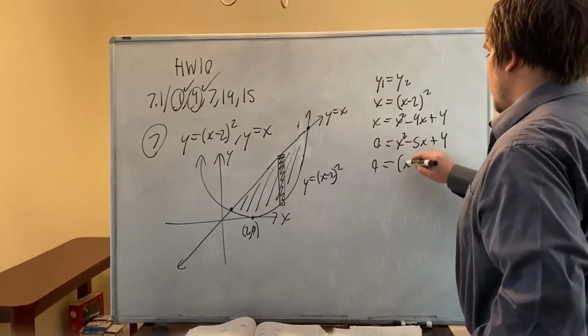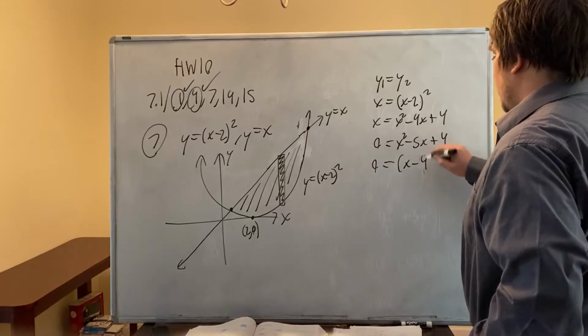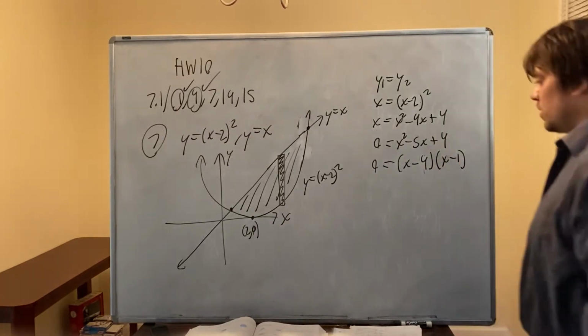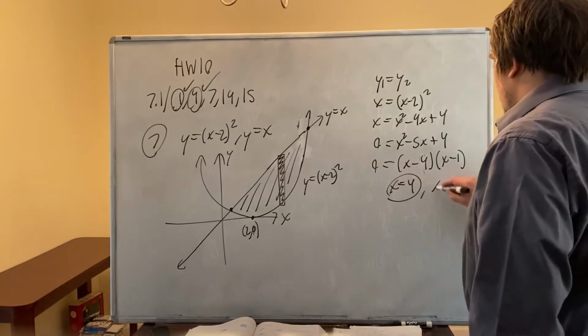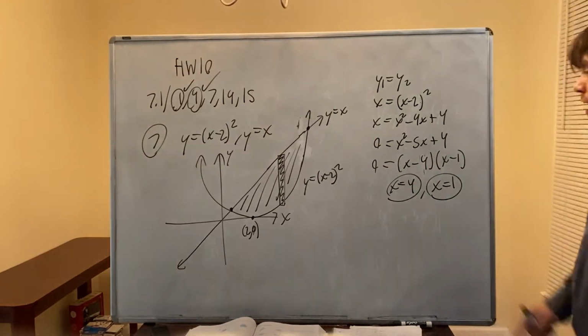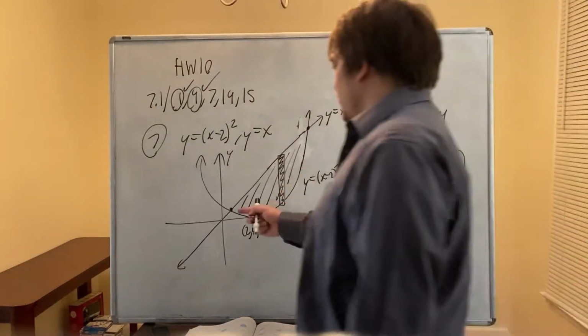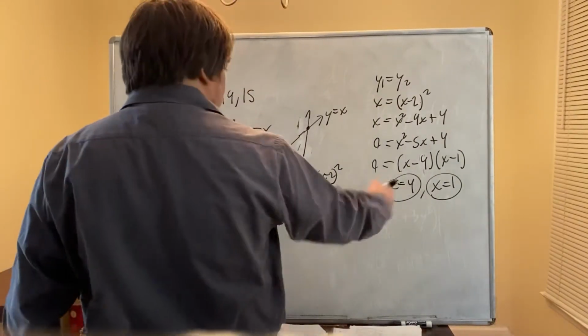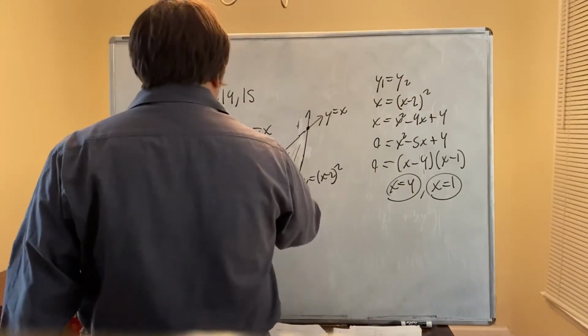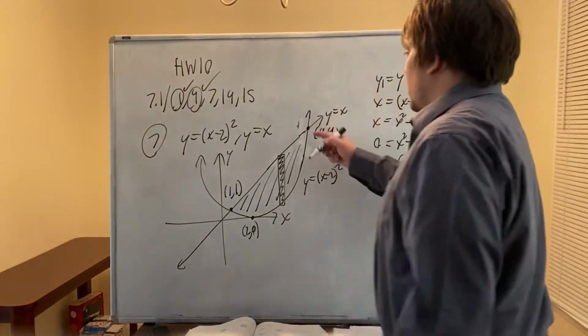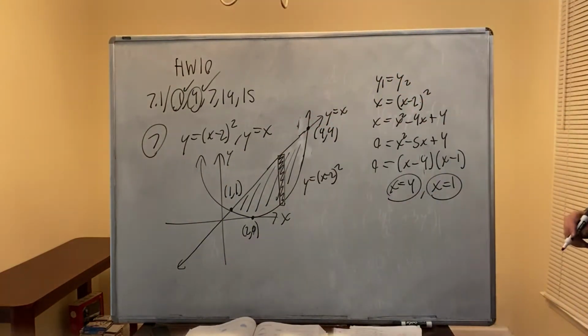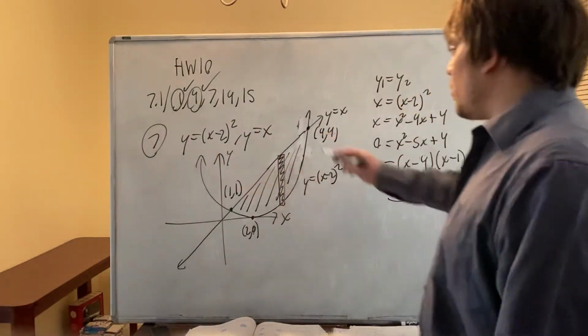Factor the right-hand side, you get (x minus 4) times (x minus 1). So x equals 4 or x equals 1. Those are the x values where the y coordinates are the same. When x is 1, y is 1, and when x is 4, y is 4, because they're both on the line y equals x. So the two intersection points are (1, 1) and (4, 4).